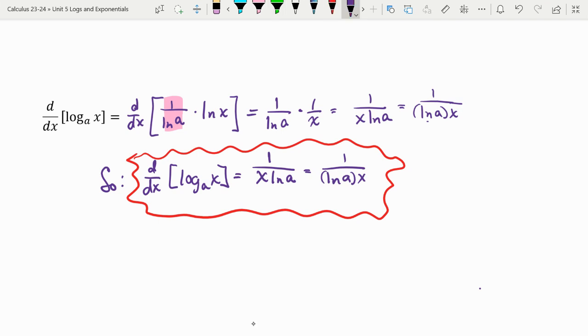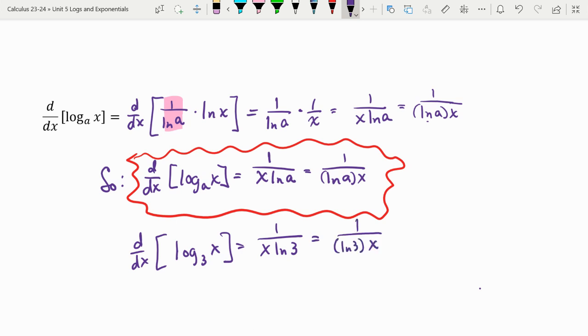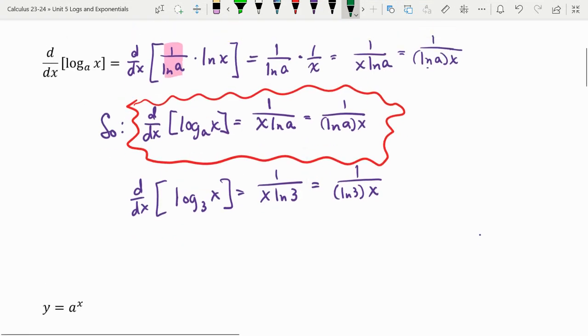So if I wanted to take the derivative of log base 3 of X, it will just be 1 over X times the natural log of 3, or 1 over natural log of 3 times X, whichever way you prefer to use it.